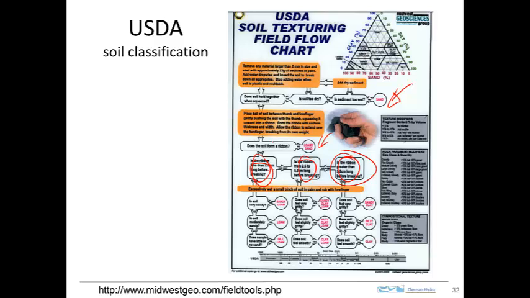Okay, so once you've got which category you're in here, then you need to find out the distribution of sand, basically the sand content in there. So you take a little bit of the soil and put it in the palm of your hand, get it wet, and rub it in the palm of your hand. Take your finger of one hand and rub it on the palm of the other hand. What you'll find when you add a bit of water is that the soil breaks down, and you can feel the grittiness.